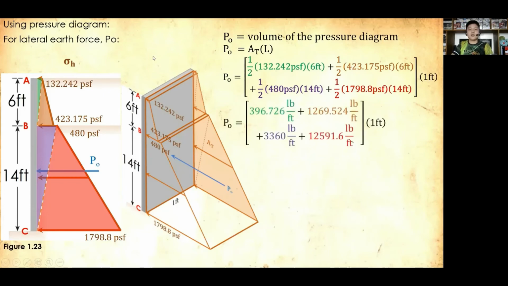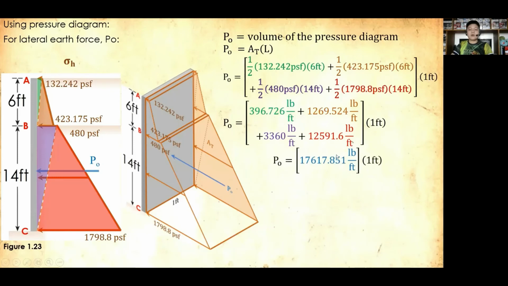So for our PO, it is equal to the quantity. The first area is 396.726 pounds per foot, plus the second is 1,269.524 pounds per foot. The third is 3,360 pounds per foot, and the last is 12,591.6 pounds per foot. And multiply this to our sample length, 1 foot.